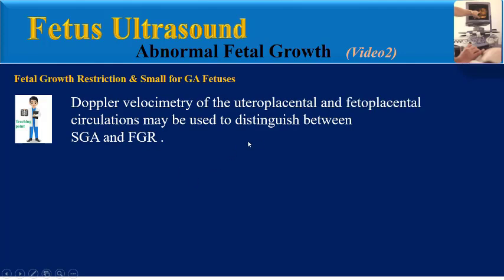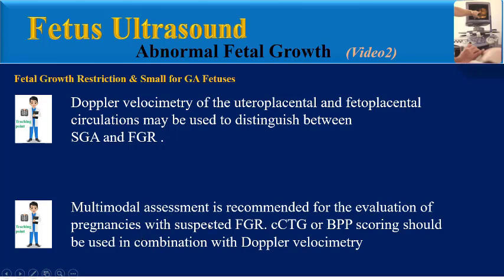Doppler velocimetry of the uteroplacental and fetoplacental circulation may be used to distinguish between SGA and FGR. Multi-modal assessment is recommended for the evaluation of pregnancies with suspected FGR. Computerized cardiotocography or biophysical profile scoring should be used in combination with Doppler velocimetry.